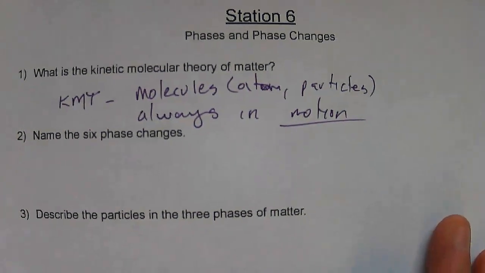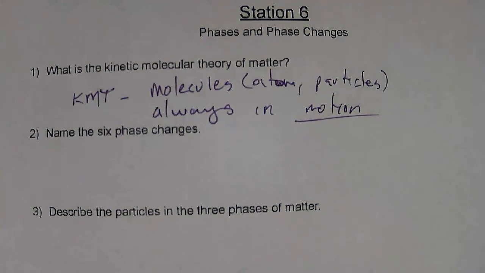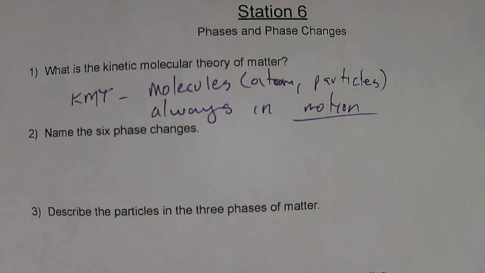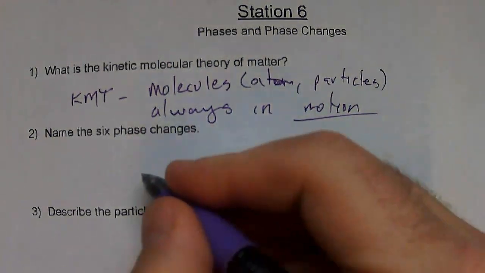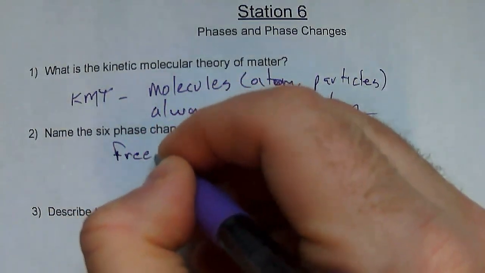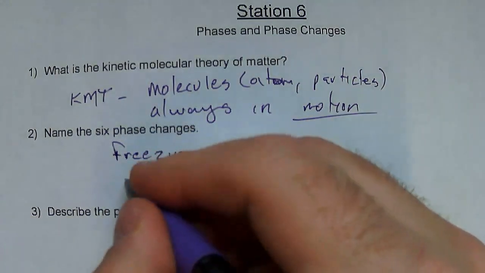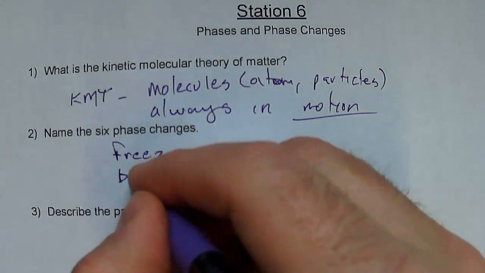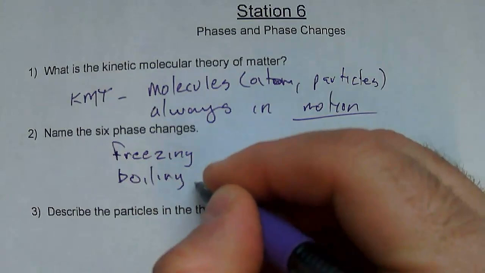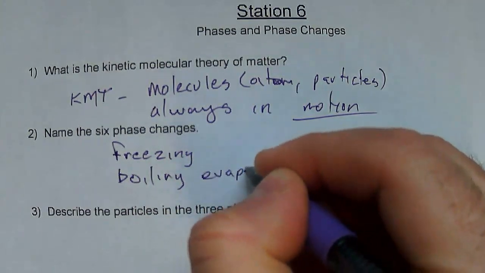Okay, so there are 6 phase changes, related to how fast things are moving. As they move faster or slower, things undergo phase changes. So we're going to start here with freezing, and then there is boiling. Sometimes this is called evaporation.